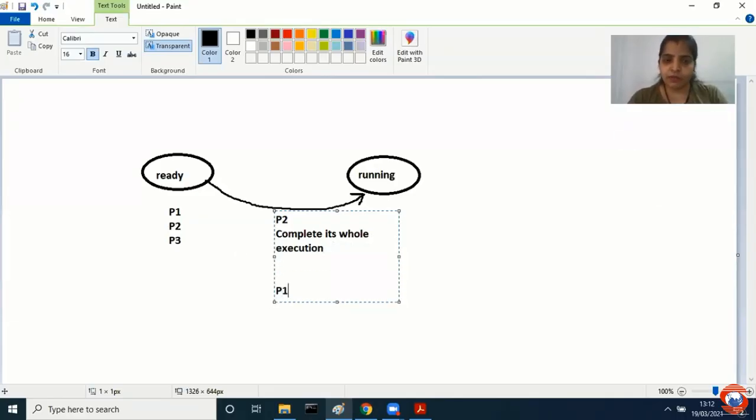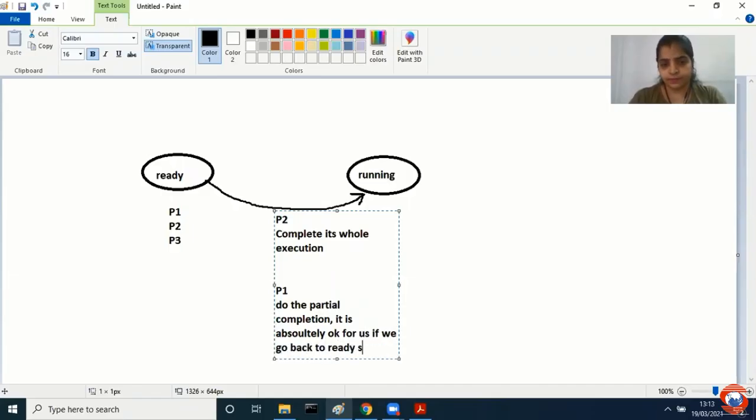And I'm saying for P1, यहाँ पे मैं बोलती हूँ, do the partial completion and it is absolutely okay for us if we go back to ready state. So that means complete its whole execution means what?